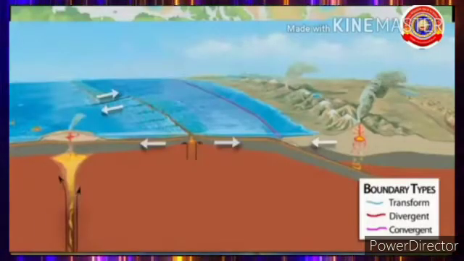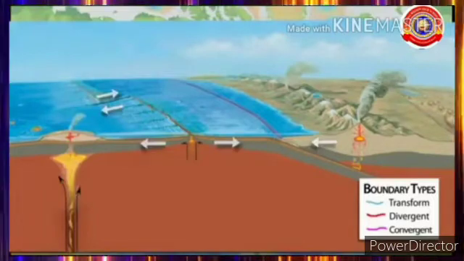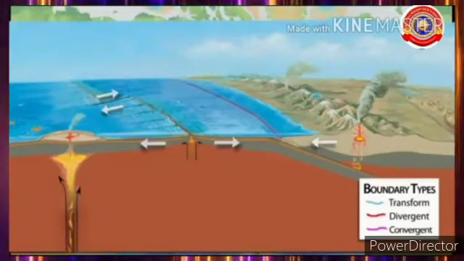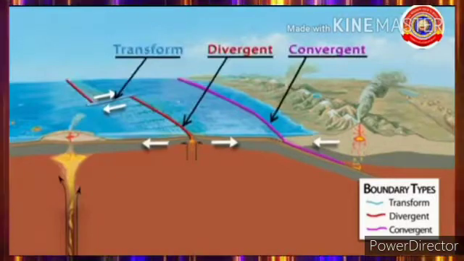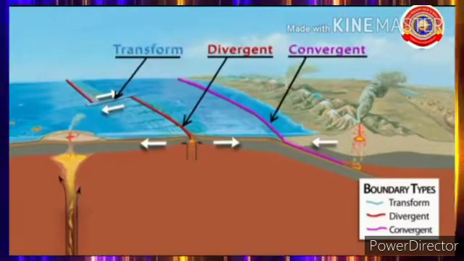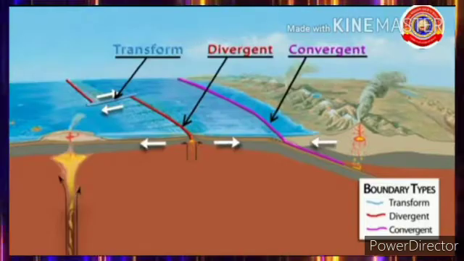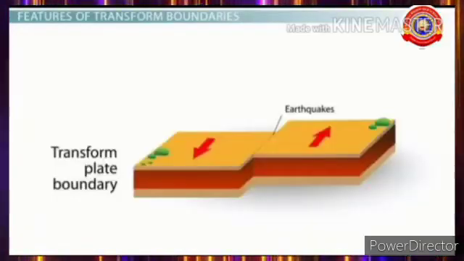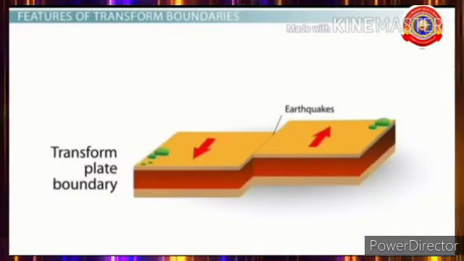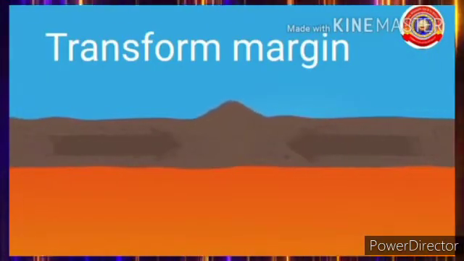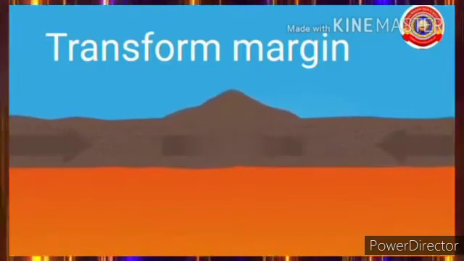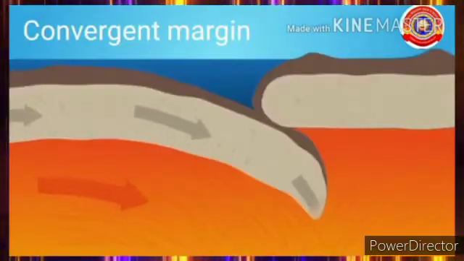The different types of plate margins created by the movement of lithospheric plates are transverse margin or shear margin, divergent margin and convergent margin. First one, transverse margin or shear margin. If the plates slide past each other, it is called a transverse margin or shear margin.